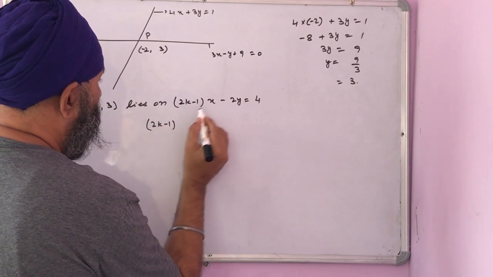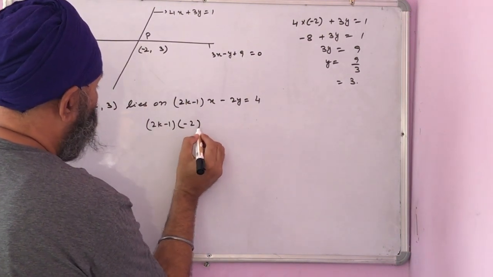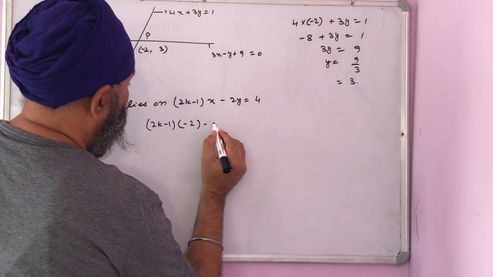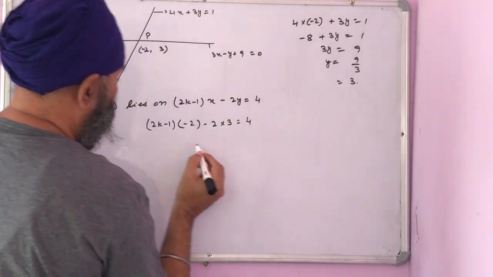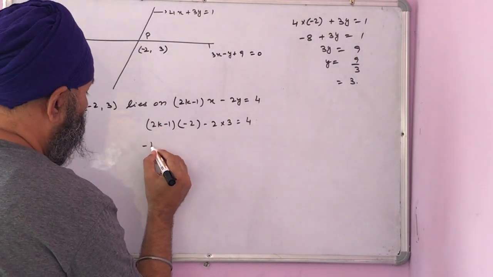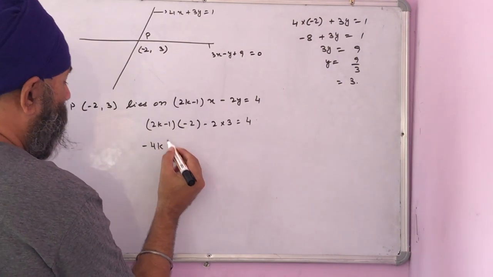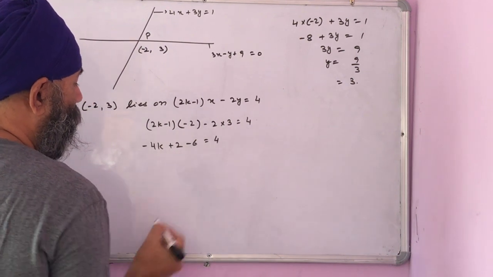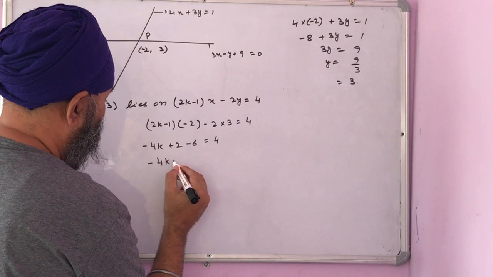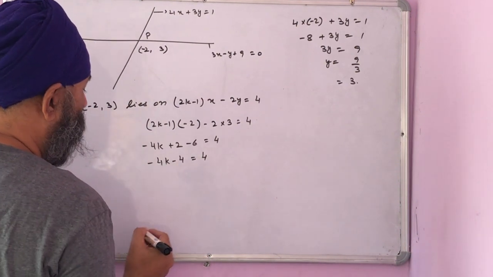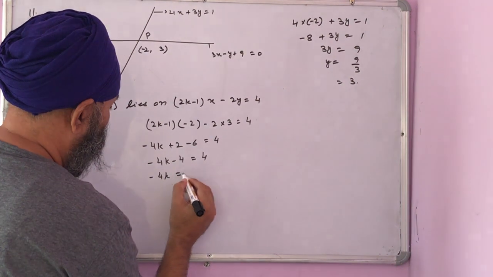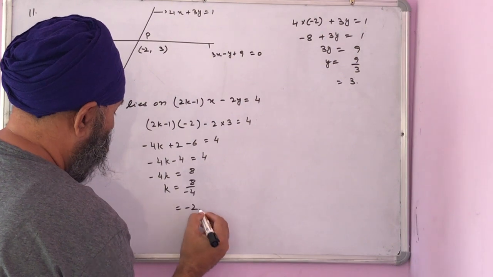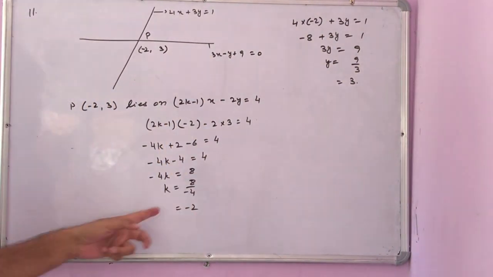In place of x I write minus 2, and in place of y I write 3, because this point lies on this line. Minus 2 into 2k minus 1 minus 2 into 3 is equal to 4. Minus 4k plus 2 minus 6 is equal to 4. Minus 4k minus 4 is equal to 4. Minus 4k is equal to 8. K is equal to 8 upon minus 4, which is minus 2. So the value of k will be minus 2.